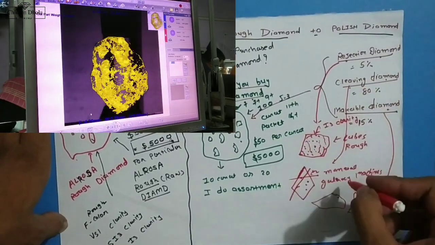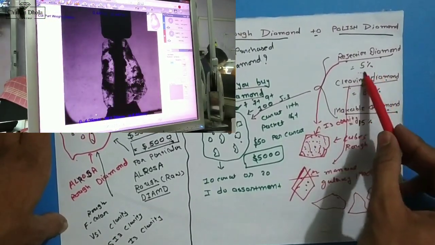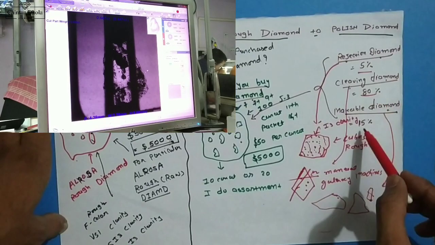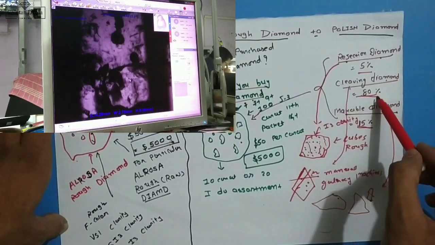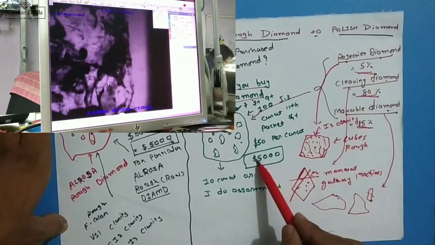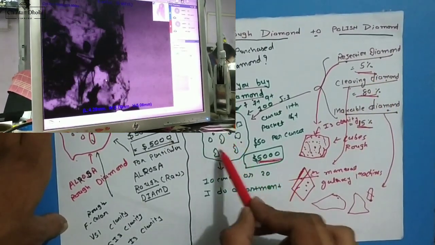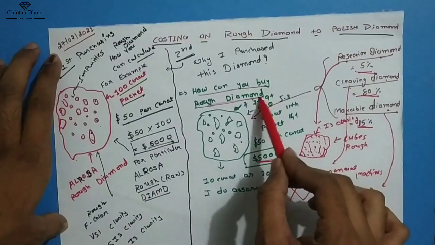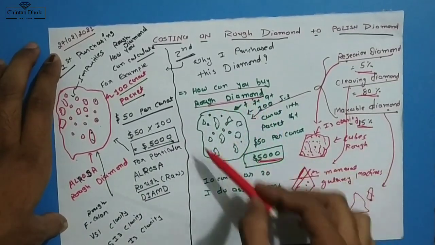So look at these criteria. After that decide how many percentage are in it of particular makeable diamond, particular cleaving diamond, and particular rejection diamond. After that you get $5,000 for this particular rough diamond packet. Okay, this is a simple step.